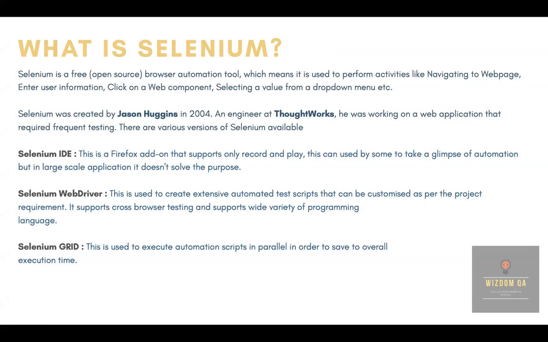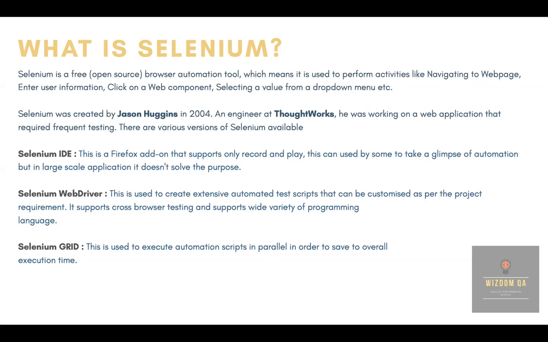Everything can be done through this open source tool. This was built by a guy named Jason in 2004, at ThoughtWorks. They were working on a web application that required frequent testing, and they thought, let's make an automation tool named Selenium, and now it's in huge demand.